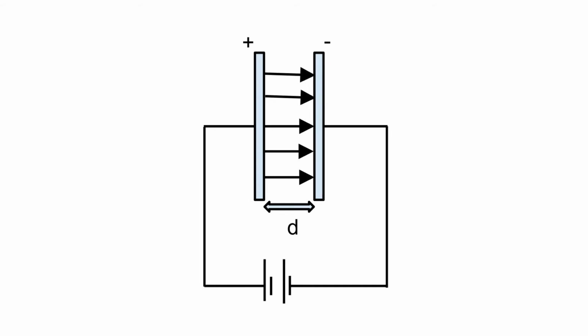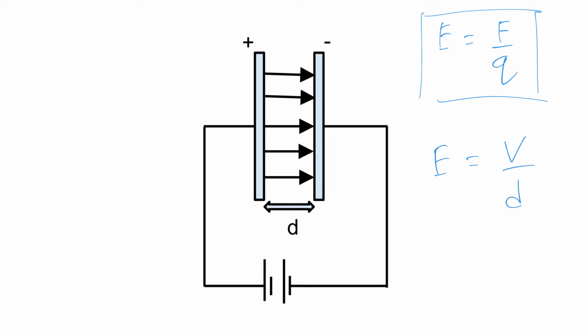Now, no doubt you can still use the formula E equals F divided by Q. So that is the definition for field strength, which you can use for either uniform fields or non-uniform fields. Any type of electric field, you can use this formula. But for uniform fields between charged parallel plates, there's another formula, which is E equals V divided by d.